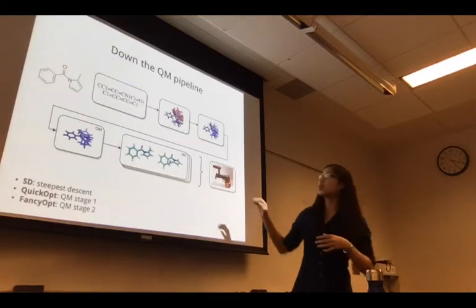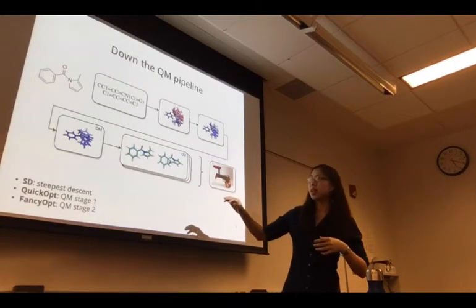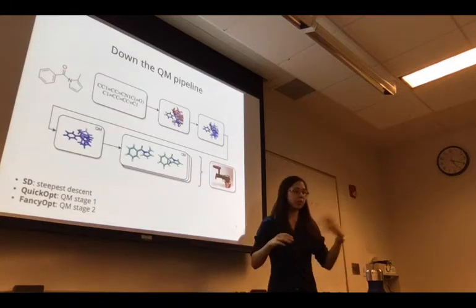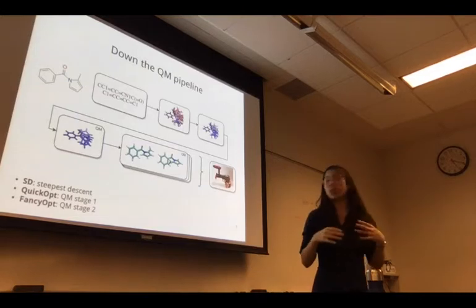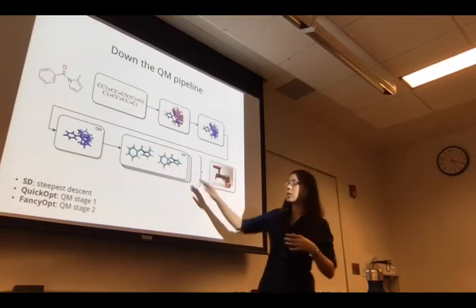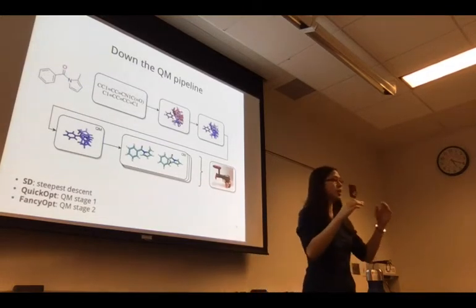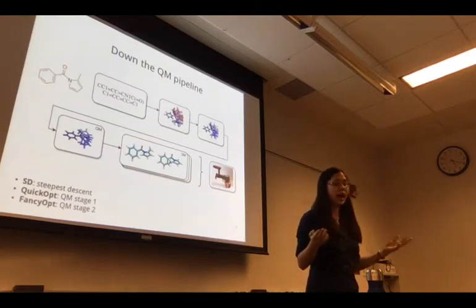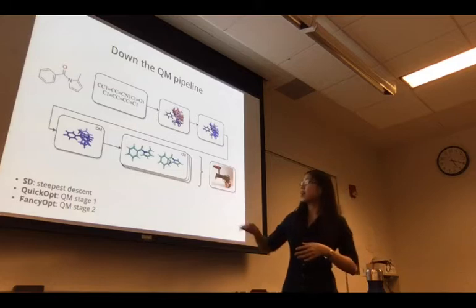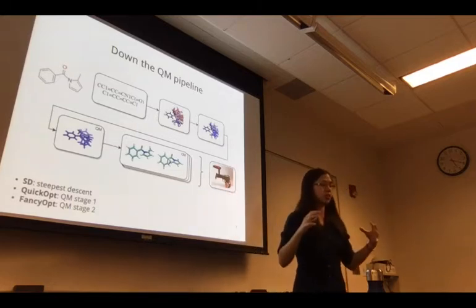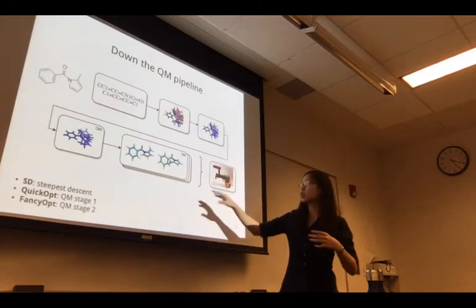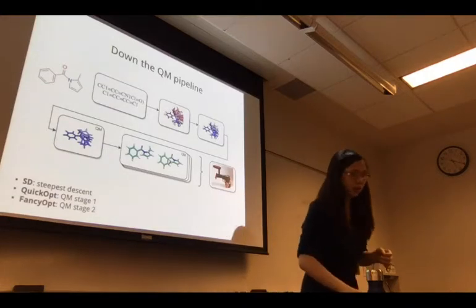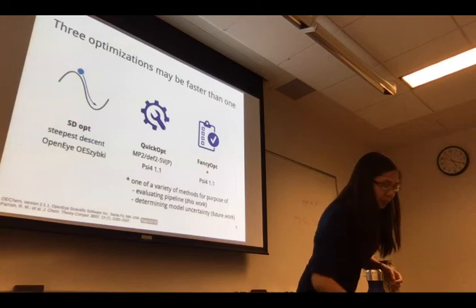Then we have two levels of QM, the first one on the left and the second one on the right. I'll go over in a little more detail why we need the first one later, but the second one is what we want to focus on, and this is where we consider a bunch of different methods of comparable, relatively high accuracy. Then we compare the energies of all these, and the energies as parameters and the uncertainties will be fed into the force field building pipeline.